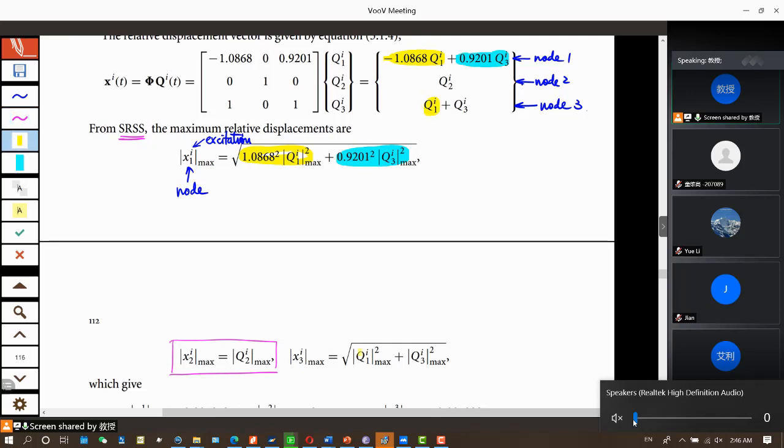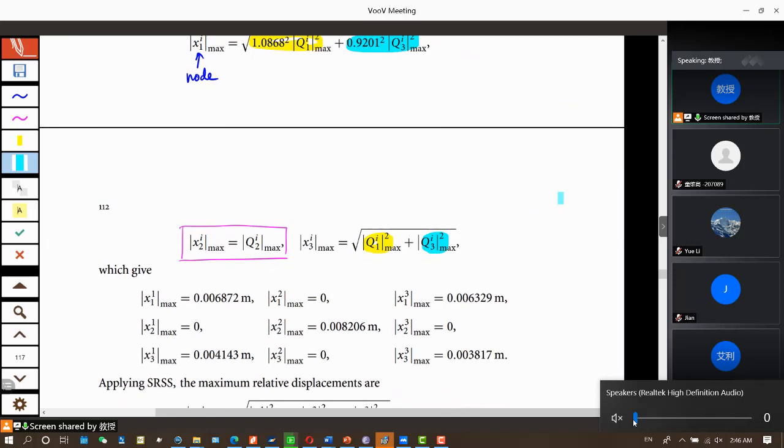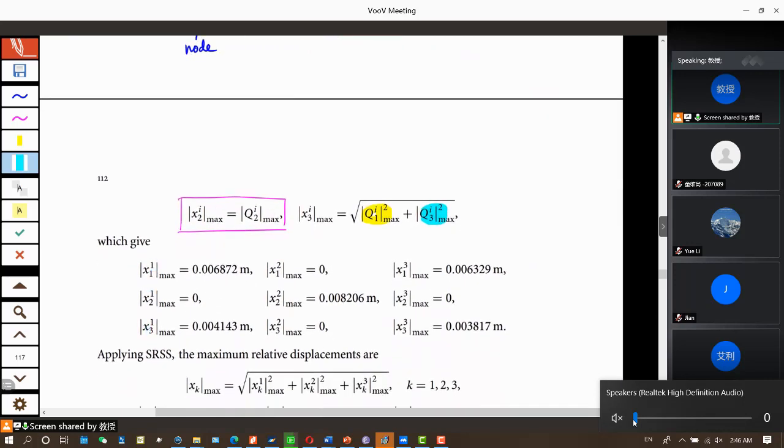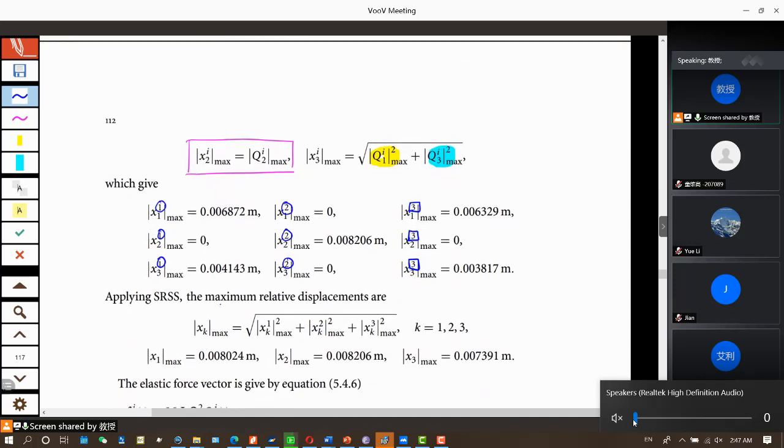Okay, now normally when we have inputs or excitations in 3 directions, we combine the contributions from the directions using SRSS. So that's this term combined with this term with this term. Now we get the maximum.